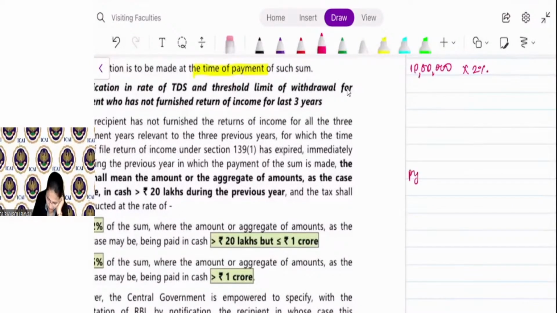Say for example, you are withdrawing in previous year 22-23 an amount of rupees 1 crore 20 lakh.